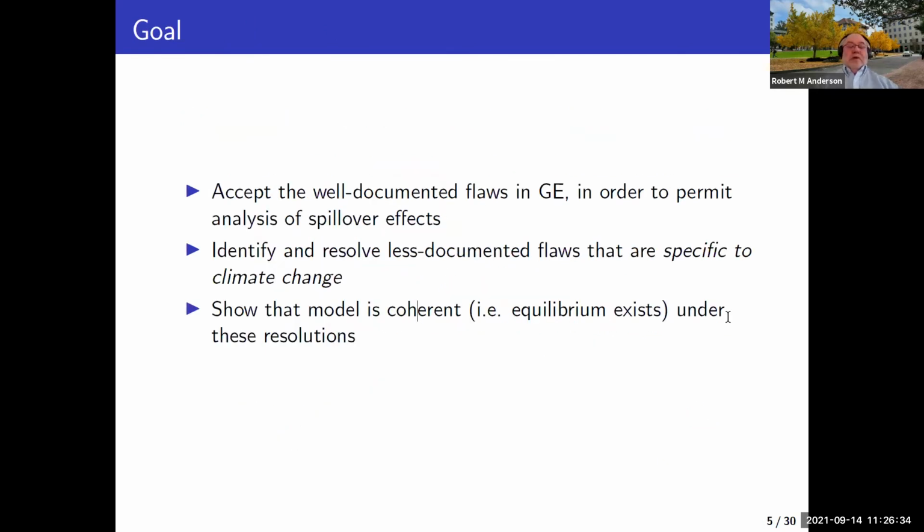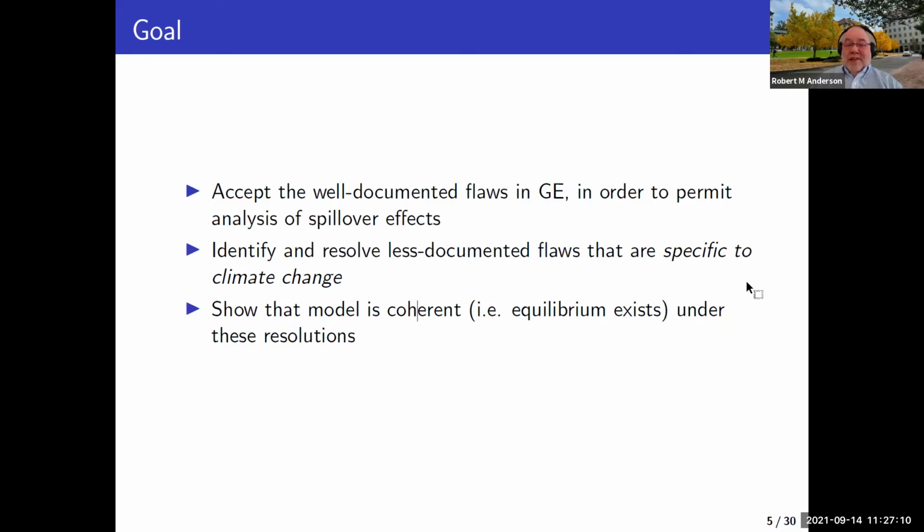So what's our goal in this project? It's to accept the well-documented flaws in GE, because doing so allows us to do analysis of spillover effects. It's to identify and resolve less documented flaws that are specific to climate change. So we've looked at papers in the literature that purport to be relevant to climate change, and we find that there are assumptions in them that really don't make sense in this study.